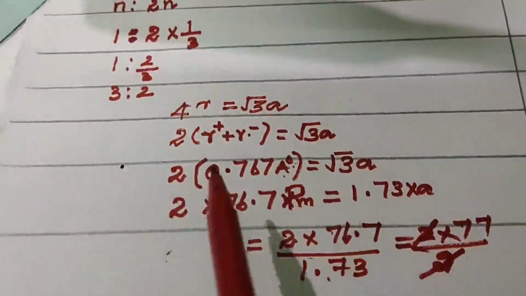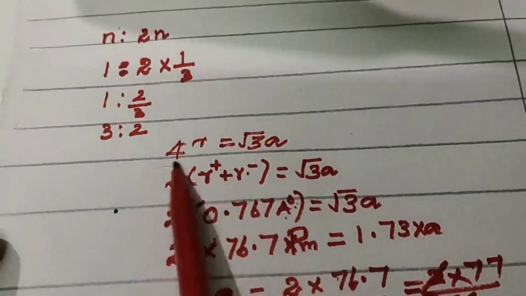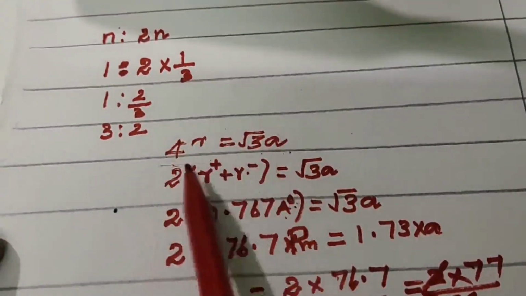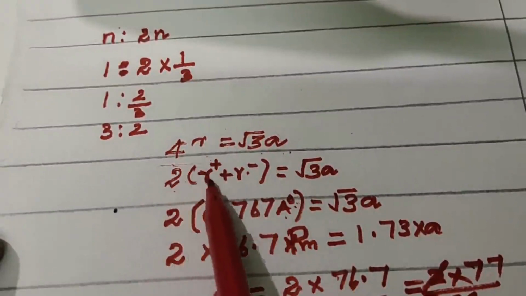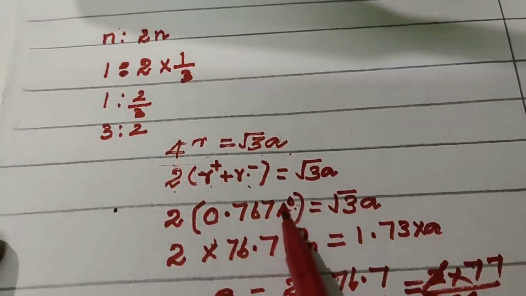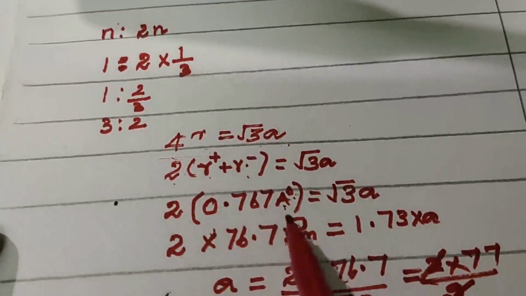So the important point is that usually for BCC the radius and edge length relation is 4r equal to root 3a, but here the ion form is given, so instead of 4r we use 2 into (r plus plus r minus), and then everything is the same. The third step concept: the Angstrom unit is given in the question, but the answer is given in picometer. Angstrom unit means 10 raised to minus 10 meter, converted into 10 raised to minus 12 meter.